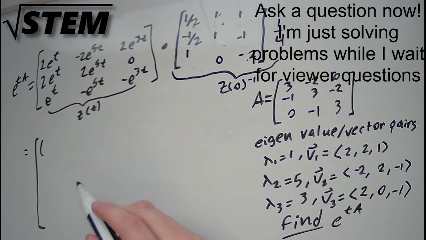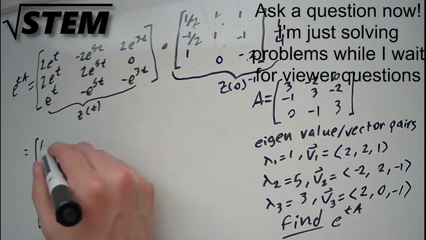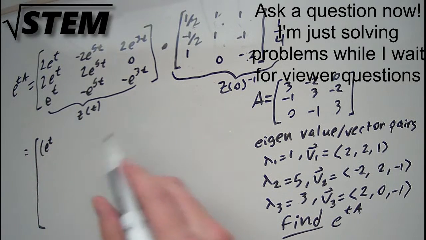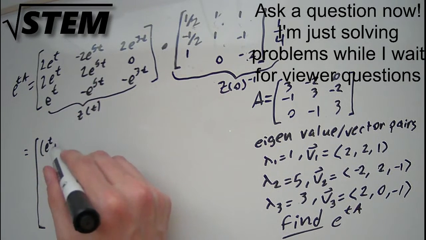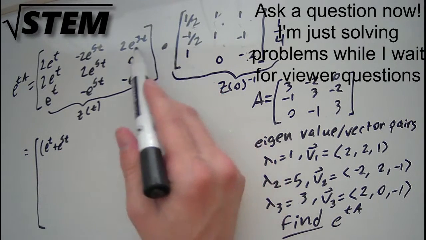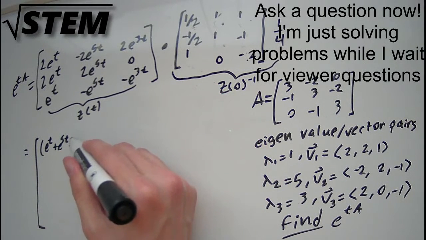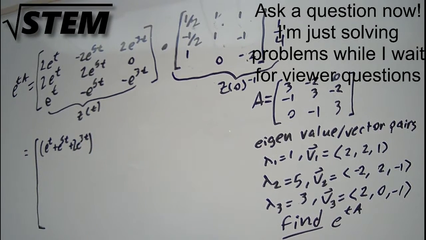So the very first entry, we would have e to the t positive e to the 5t and 2 e to the 3t. Okay.